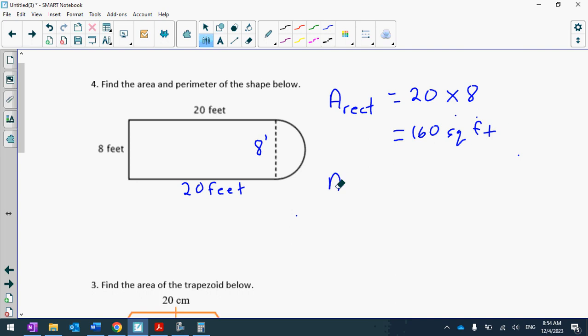And then we have the area of the semicircle. I'll just write A of semi for short, which is pi r squared divided by 2. In this case, that's pi times 4 squared divided by 2, because the diameter is 8, so the radius is 4. And you should get about 25.1 square feet for that.